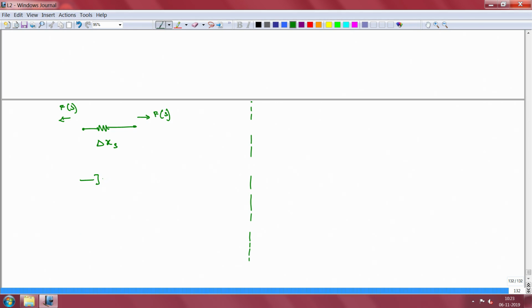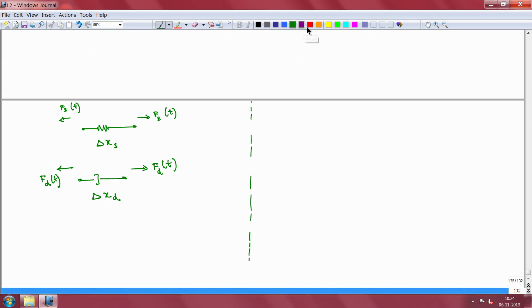Similarly, for the dashpot, we have a force Fd, with d subscript standing for the damper or the dashpot, and the deformation delta xd.